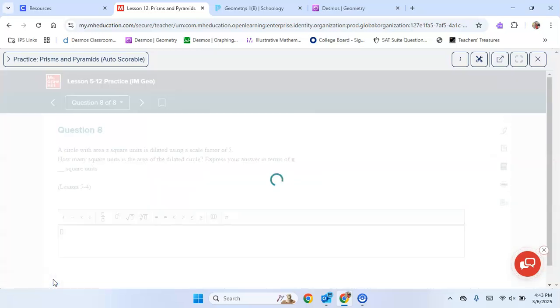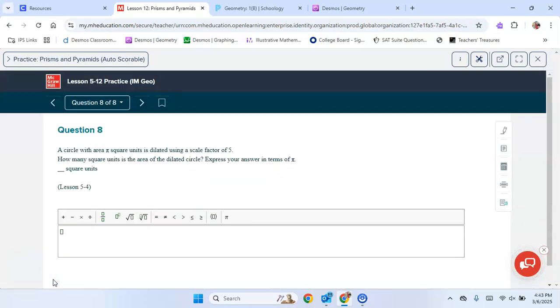Question 8. A circle with area pi square units is dilated using a scale factor of 5. How many square units is the area of the dilated circle? Express your answer in terms of pi.